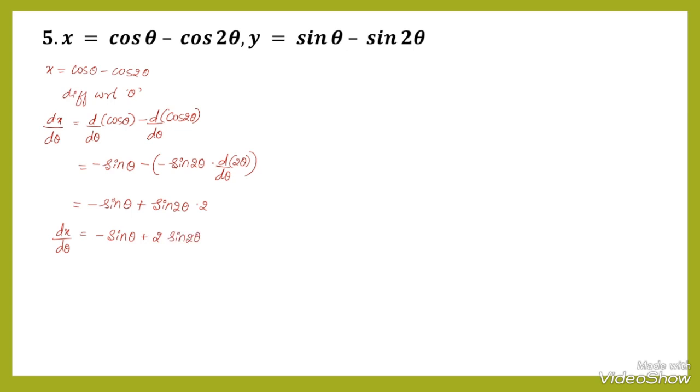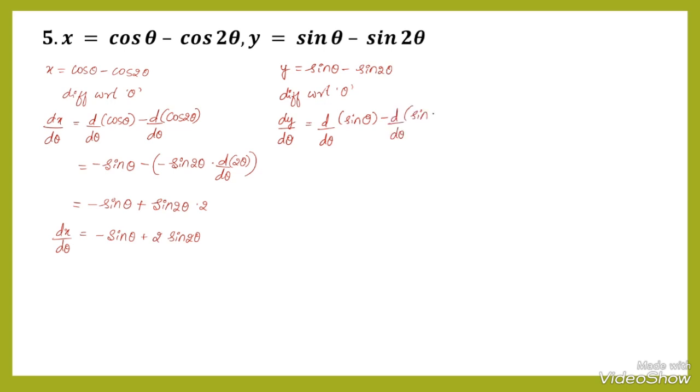Again taking y. y is equal to sin theta minus sin 2 theta. Now differentiate with respect to theta. Then dy by d theta is equal to differentiation of each term: differentiation of sin theta minus d by d theta of sin 2 theta.